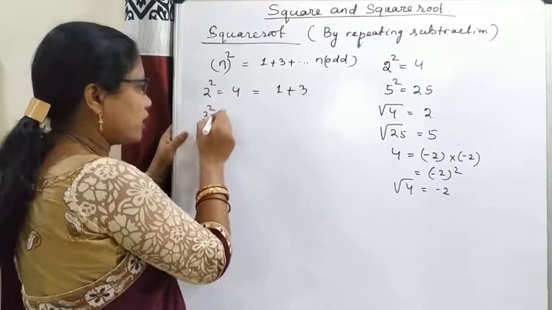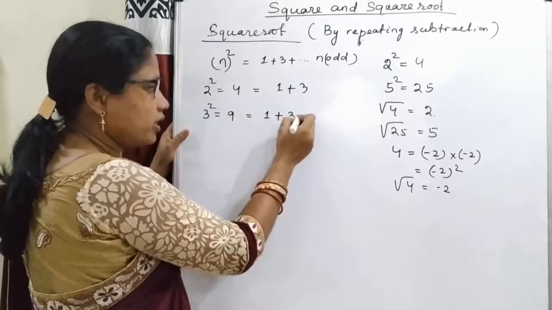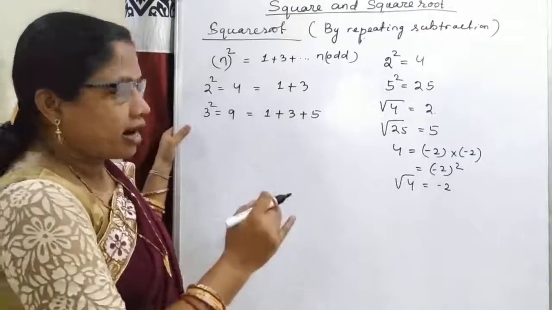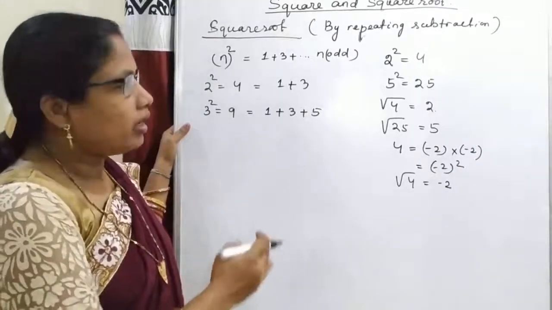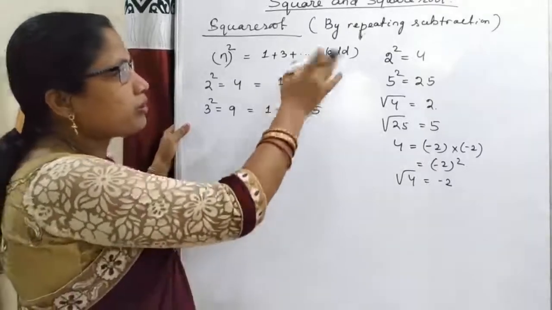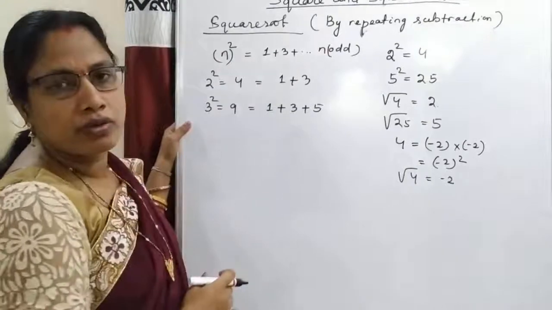Then 3 square is equal to 9, that is 1 plus 3 plus 5. If we add successive odd numbers starting from 1, we get a square number. So this process in reverse we will apply here to find the square root of a number.